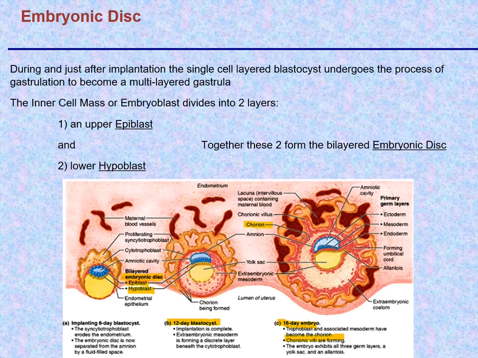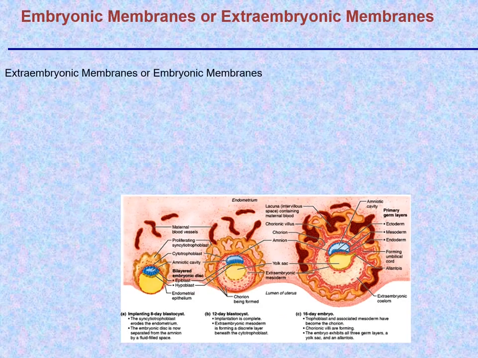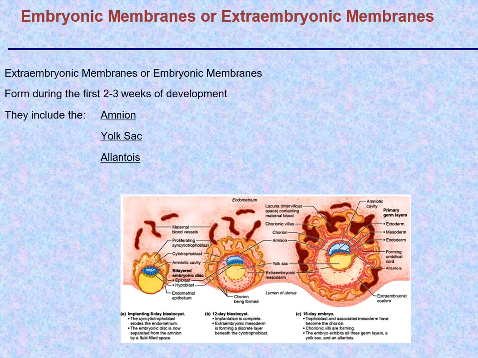There's the chorion. And I believe on the next few slides it talks about the layers, and chorion is one of them. Yeah, so the embryonic membranes, or the extraembryonic membranes, form in the first 2 or 3 weeks of development. So that's what's going on in here.